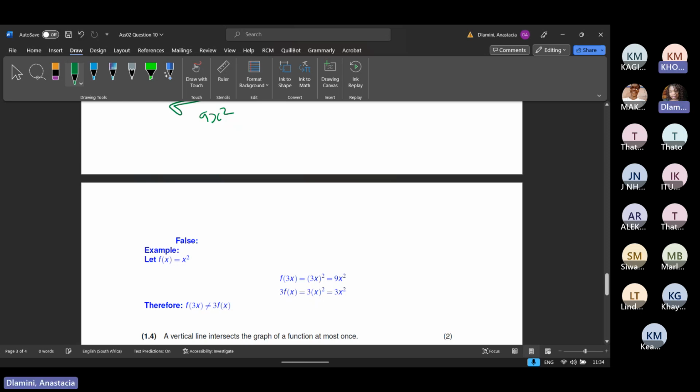Those are big words, one-to-one. So a line graph. What else is a one-to-one? But before that, how do you determine it's a one-to-one function?